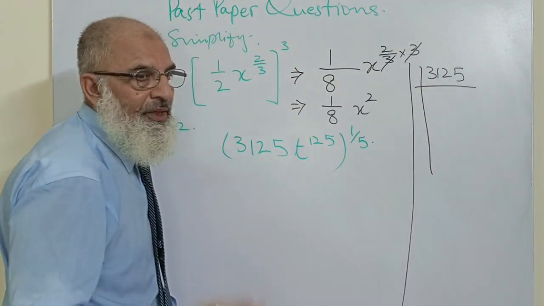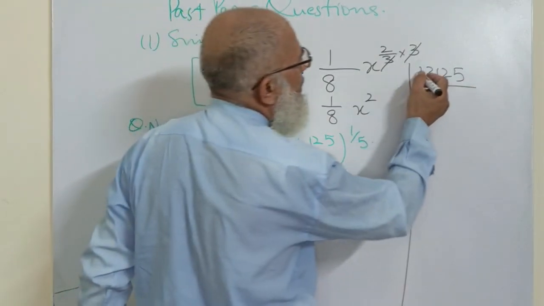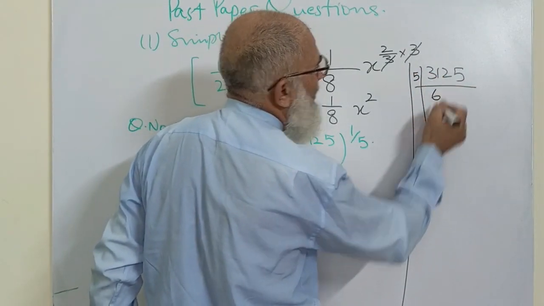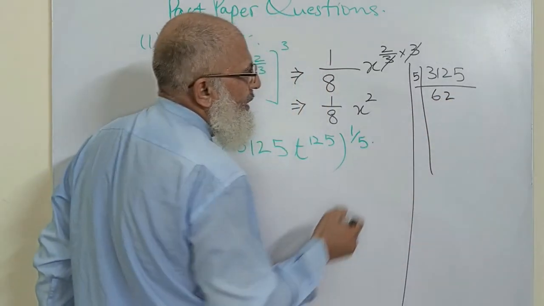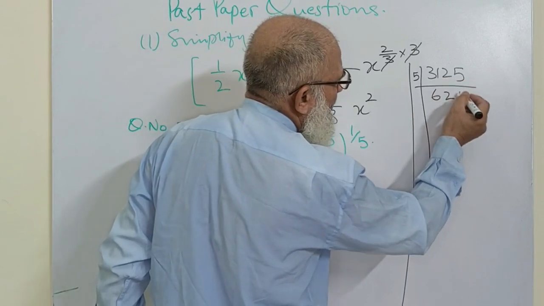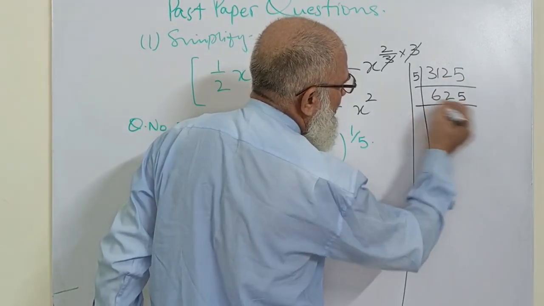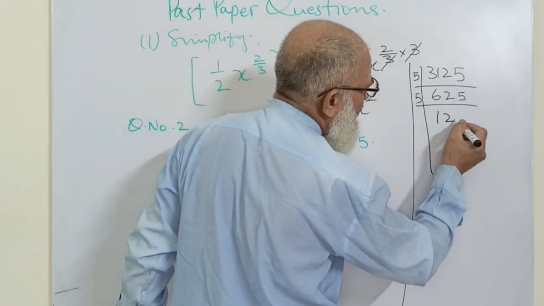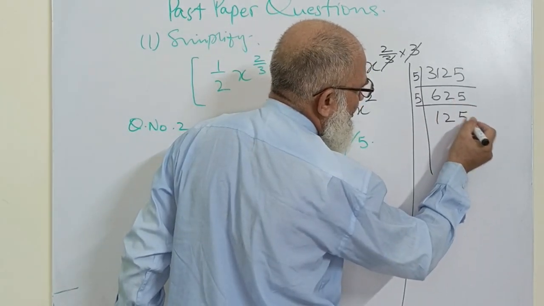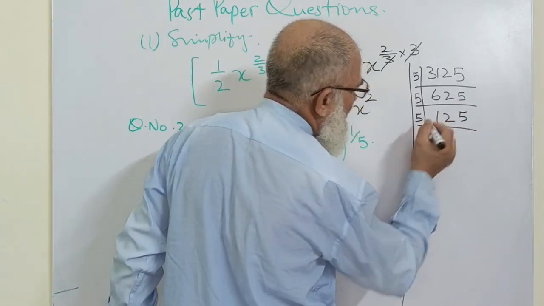Since it ends in 5, it is only divisible by 5. 5 times 625, then 5 times 125, and 5 times 25, and 5 times 5.